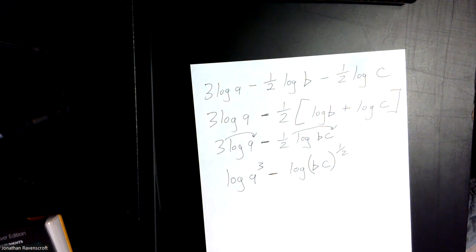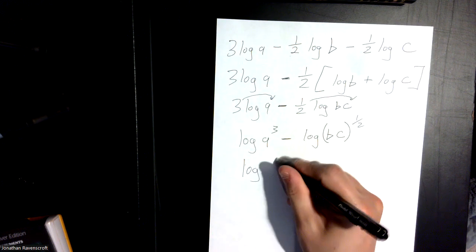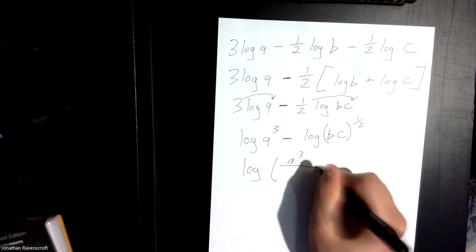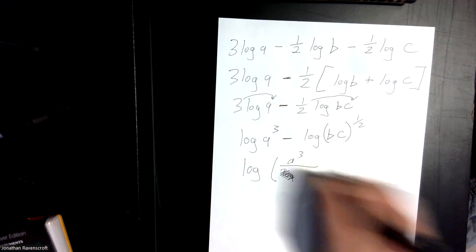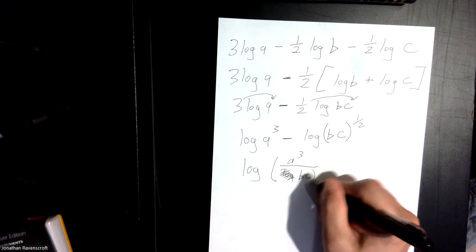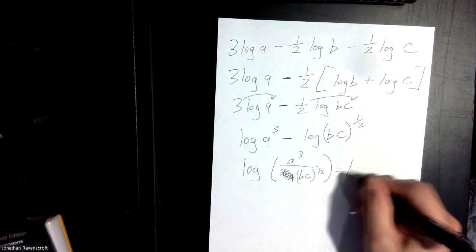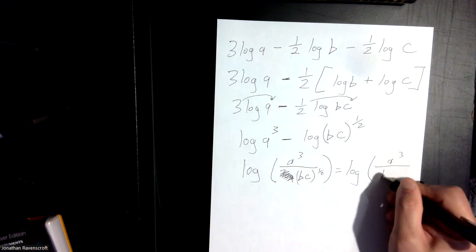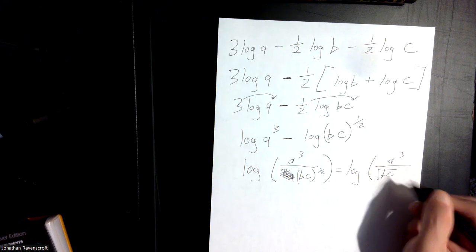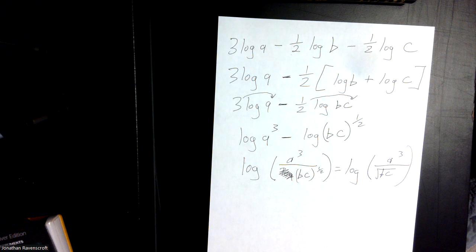Now that you have subtraction, turn that into division. Log of A cubed over BC to the 1/2. Now, if you really wanted to, you could make that log of A cubed over square root of BC, because that's the same thing as 1/2 exponent. It really doesn't matter.